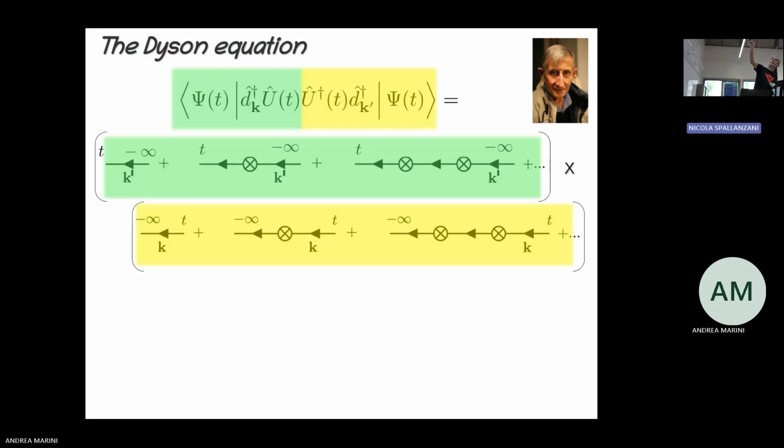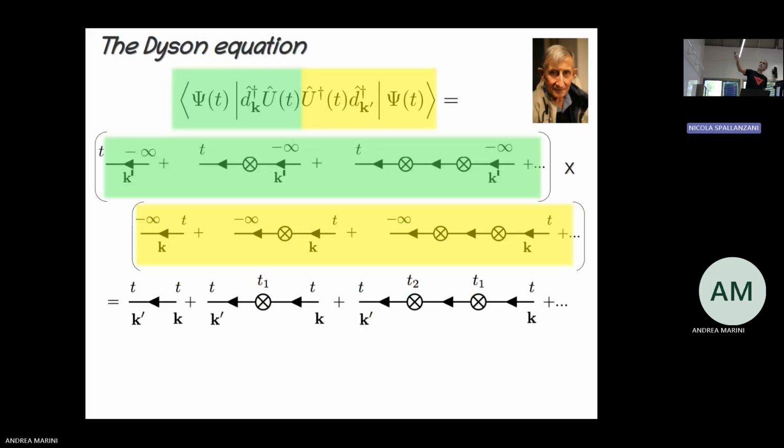This is again pretty much Lippmann-Schwinger. You remember Lippmann-Schwinger was a scattering from minus infinity to t, going through a lot of scatterings in the middle. On the left Lippmann-Schwinger, on the right Lippmann-Schwinger, you connect the one on the two, and you get one evolution that is free, one evolution with one scattering, with two scattering, and so on and so forth.